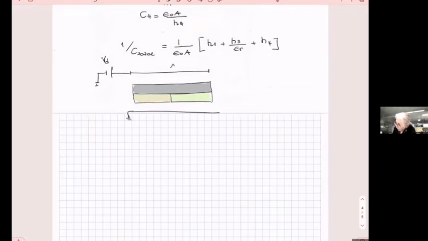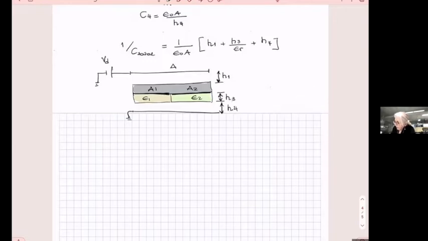You will have not only to know A, but you have to know A1, which is the area that goes over here, and A2, which is the area that goes over here, and then epsilon 1 here, epsilon 2, H1 here, say H3 here, and H4.